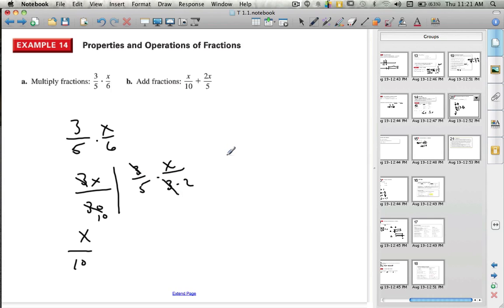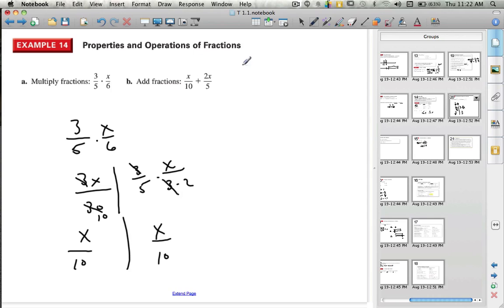I talked about the fact that I can't cancel terms, but I can cancel factors. When you're multiplying fractions, you want to cancel the common factors first and then multiply the result. So x times 1 is x, 5 times 2 is 10. Then your fraction will already be simplified when you're done.